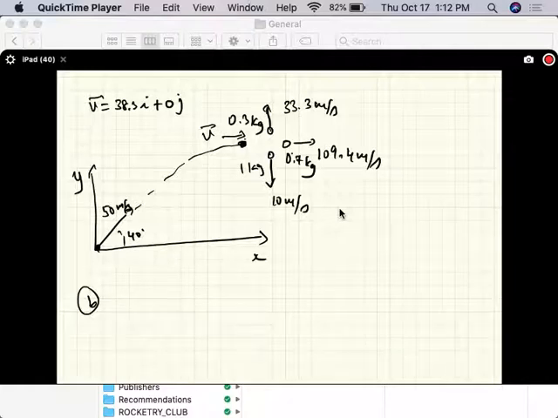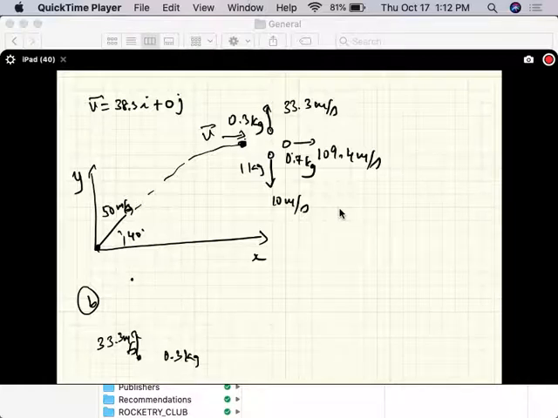Now how high will it rise from here? Here's the 0.3 kg piece, going at 33.3 meters per second.